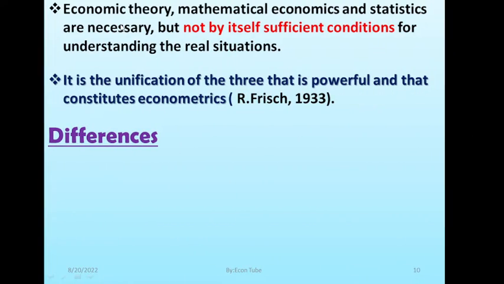Therefore, economic theory, mathematical economics, and statistics are necessary, but not by themselves sufficient conditions for understanding real situations. So it is the unification of them that is powerful and constitutes econometrics, which was described by Frisch in 1913.